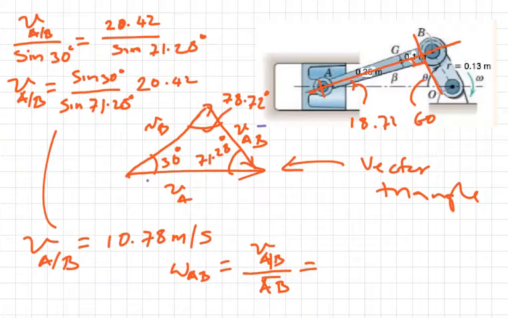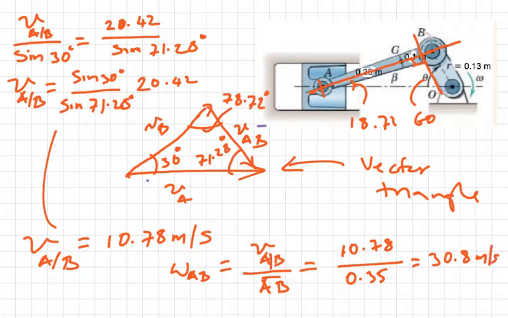So this will give us 10.78 over the line AB, which is 0.35 meters. And if you calculate this, you should get 30.8 meters per second.